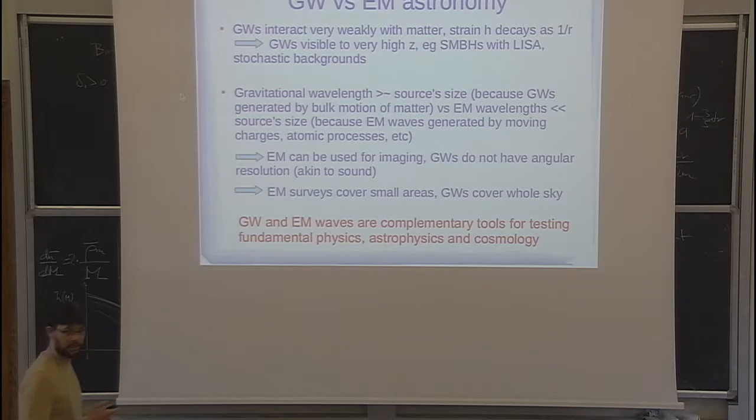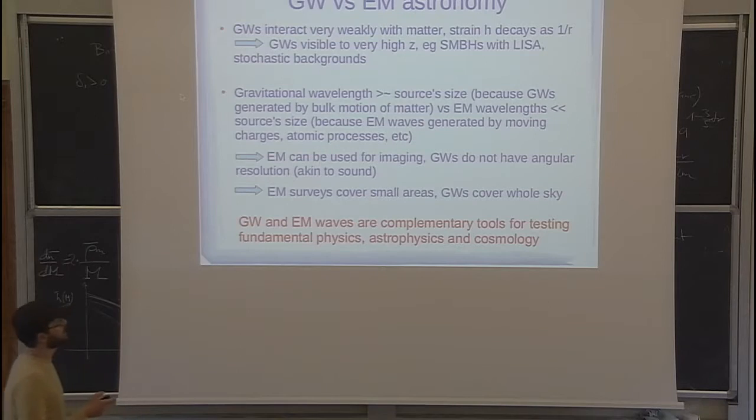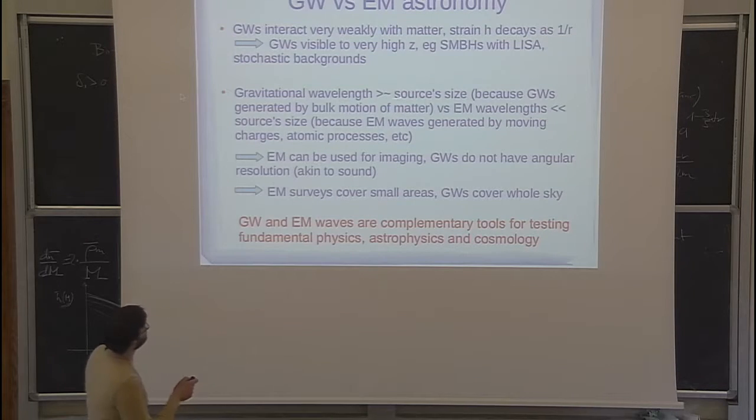If you take the quadrupole formula, the gravitational wavelength is given by the separation of a binary system divided by the characteristic velocity of the binary system. So gravitational wavelengths are large compared to photons, whose wavelengths are typically microscopic.